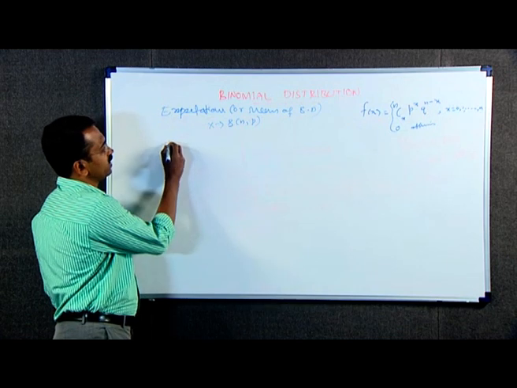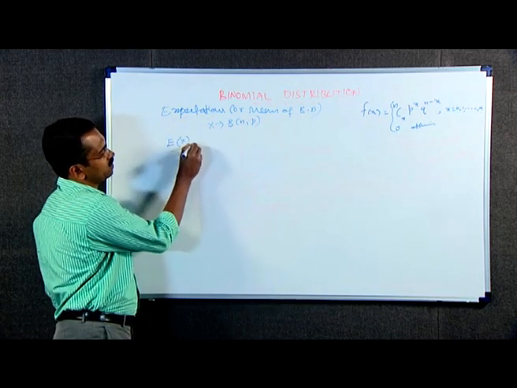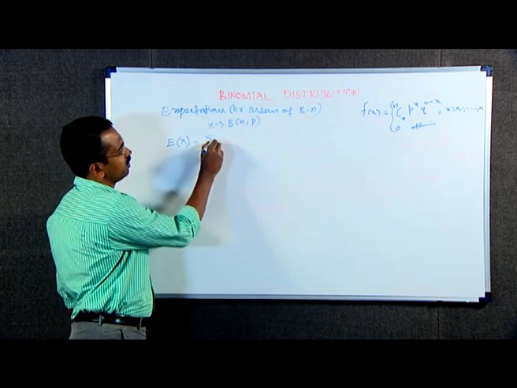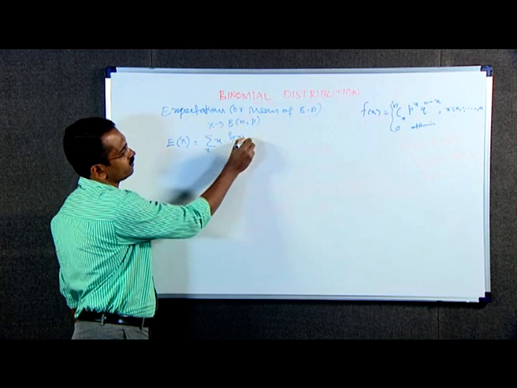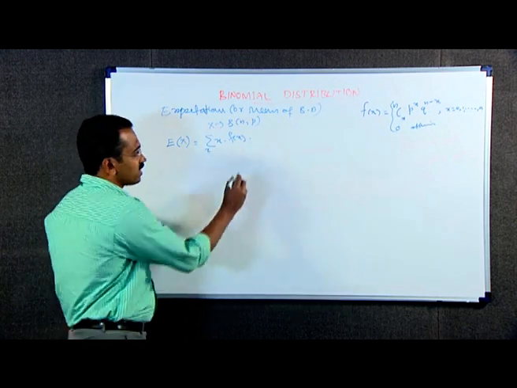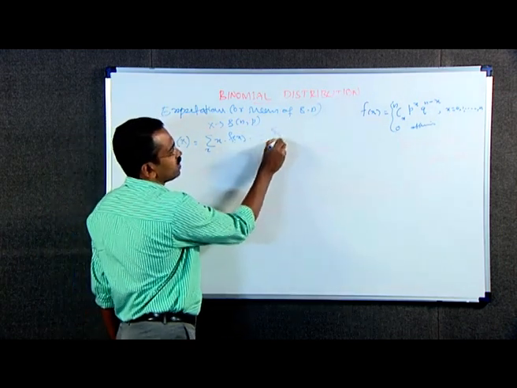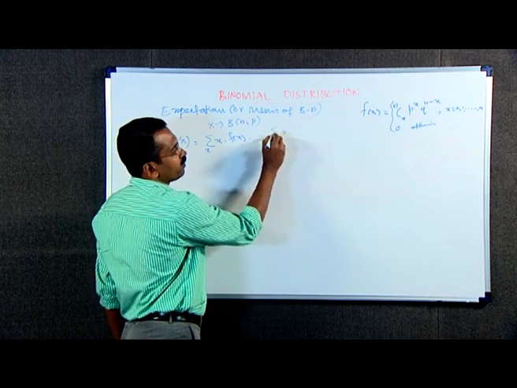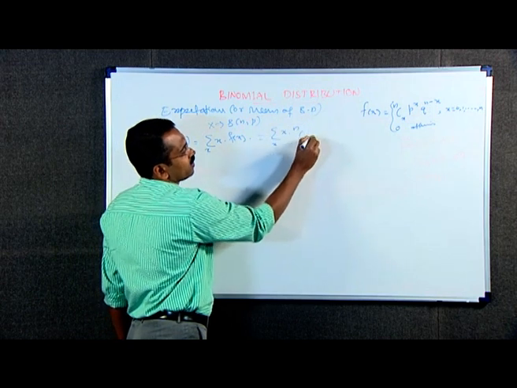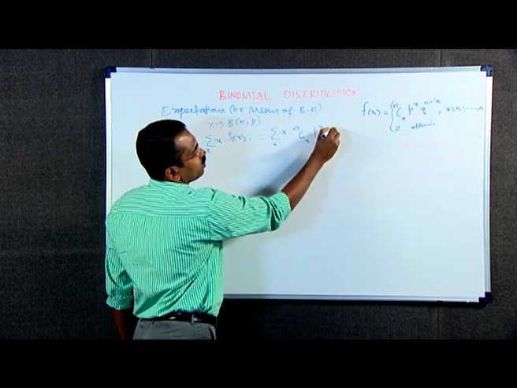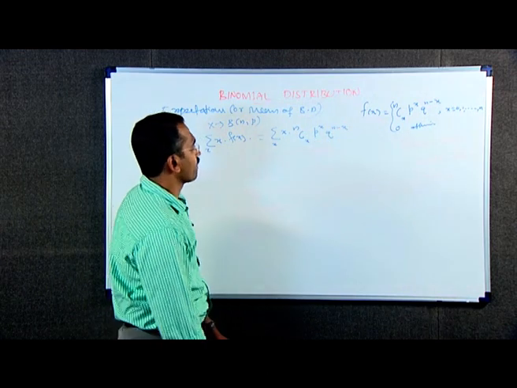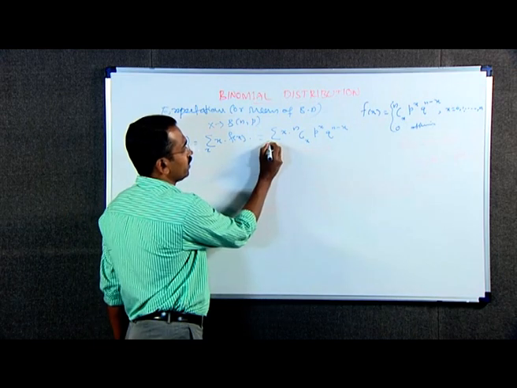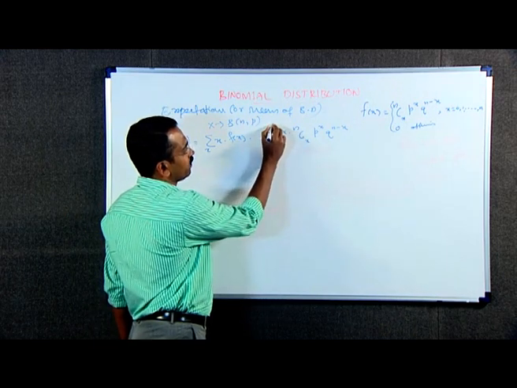By definition of expectation, expectation of x is equal to summation over all x, x into f of x. That is equal to summation over all x, x into nCx, p raised to x, q raised to n minus x, where x varies from 0 to n.